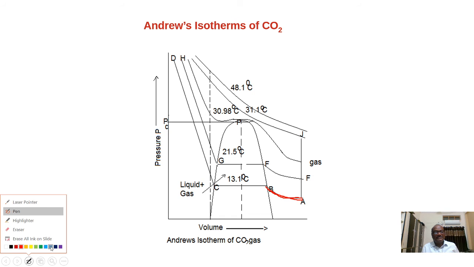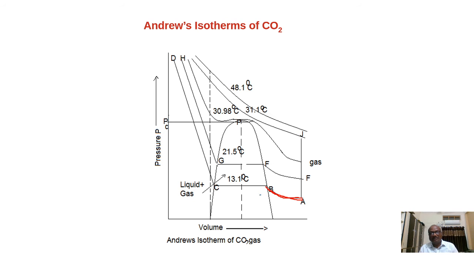After reaching this point B, you are increasing the pressure gradually. When you increase the pressure, the volume decreases, the intermolecular distance decreases, and intermolecular attraction forces increase. So after reaching point B, liquefaction of CO2 will start.